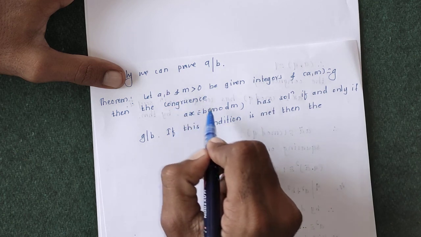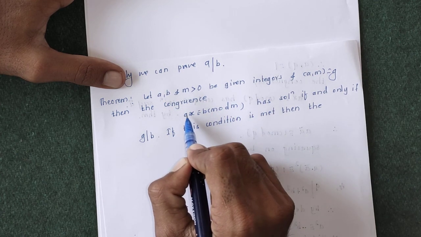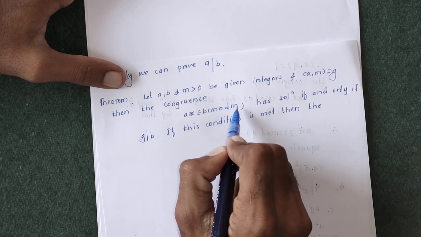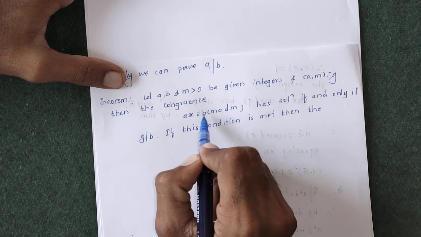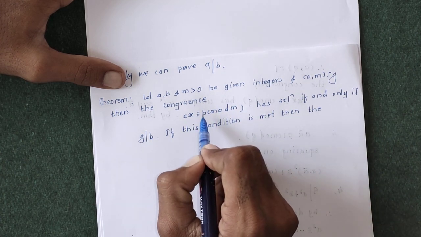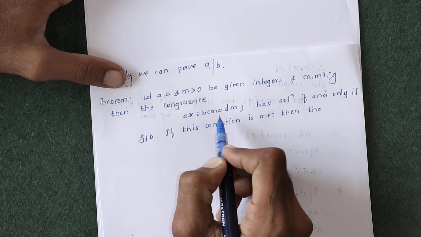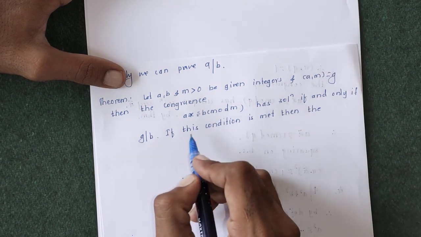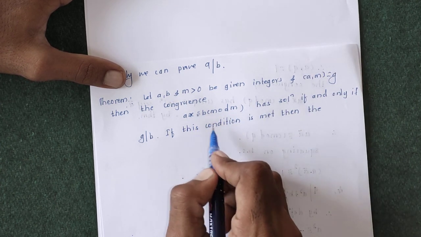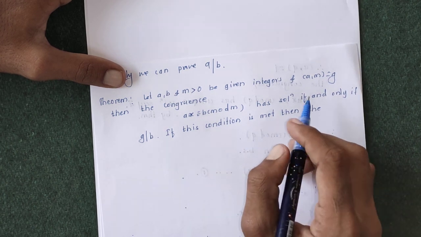Our theorem says that if GCD of a and m is g, and if g divides b, then this congruence has a solution, so at least one solution. If there are other solutions, then all solutions of this congruence form an arithmetic progression.